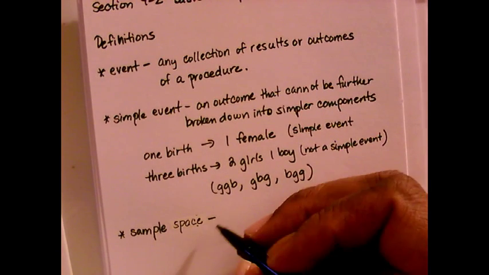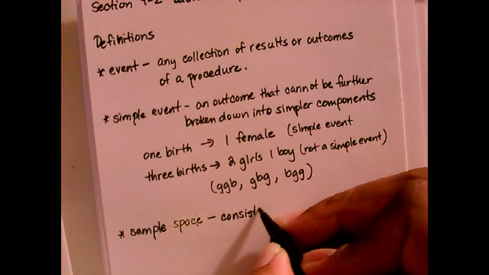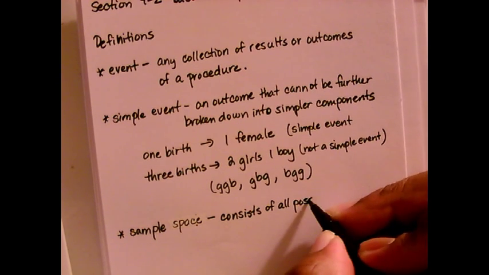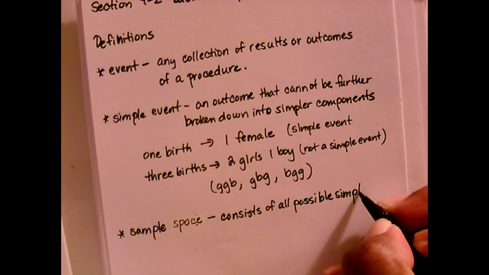So what the sample space is, it consists of all possible simple events.